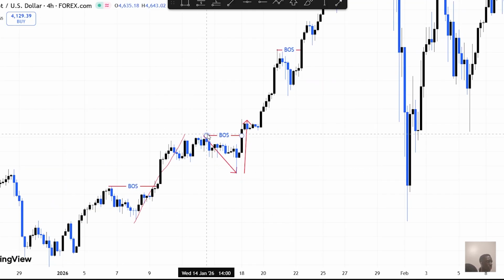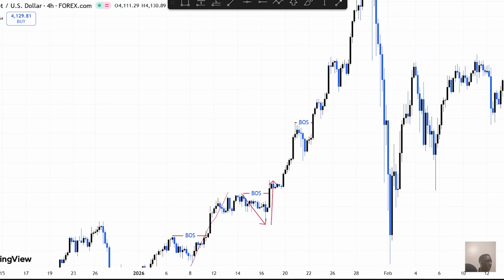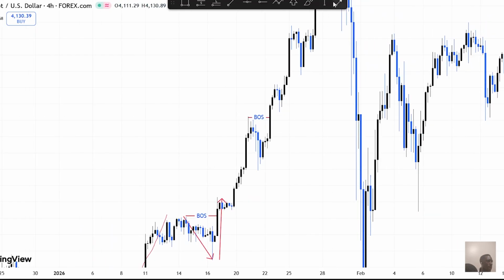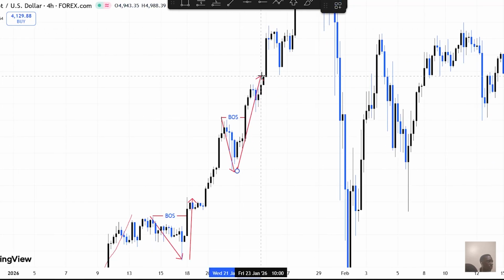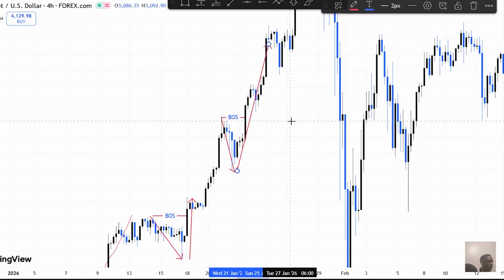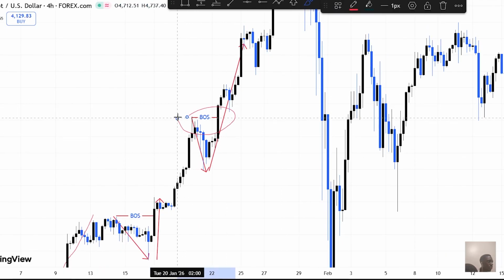So now this is an indication for us that price is going to move higher. And so the same thing happens here. It corrects, and then it impulses, breaks structure here to show us an indication of price continuing to push higher.